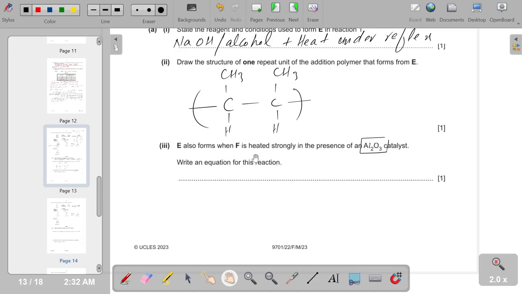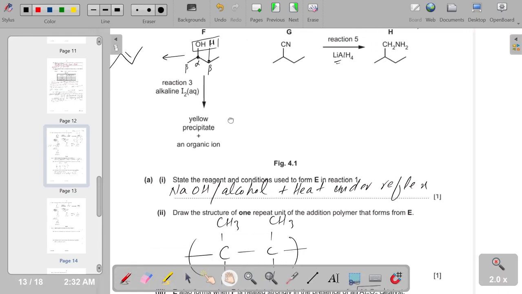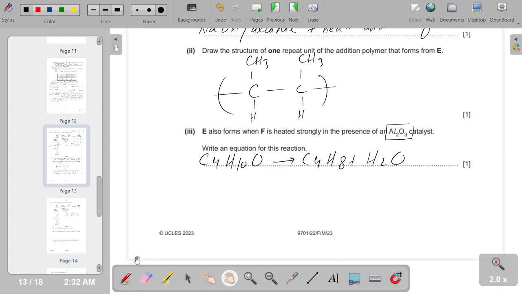Write an equation for this reaction. I already told you, it will become C4H10O, and because you're removing water, it becomes C4H8 with water, because one molecule of water is being released. You can even see it here. How is it possible? You can see it is carbon number 1, 2, 3, and 4.